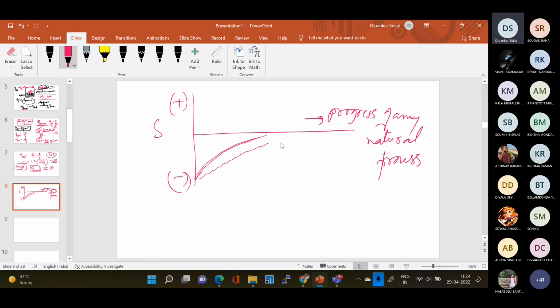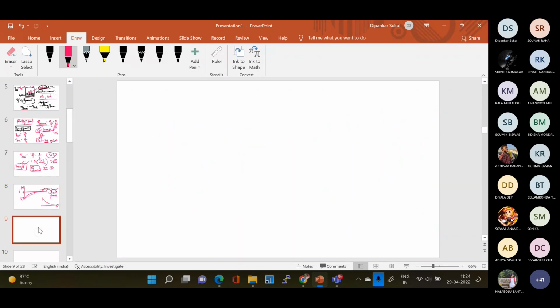But when equilibrium comes, suppose water is flowing from higher altitude to lower altitude. When the water comes to the level of the sea, what will happen? You can consider that equilibrium has been established. So when equilibrium has been established, effectively there will be no change of entropy. Now the entropy change will be 0. So this is the variation of entropy with progress of any natural process. And the second law of thermodynamics also tells you that the entropy of the universe is increasing.